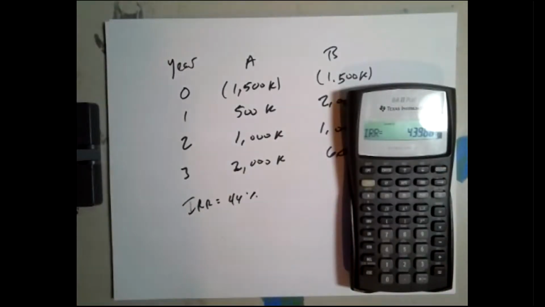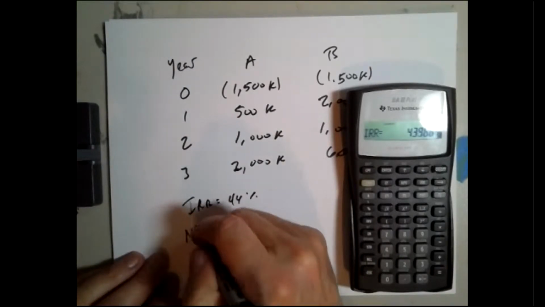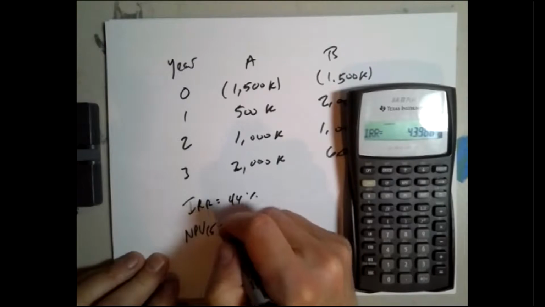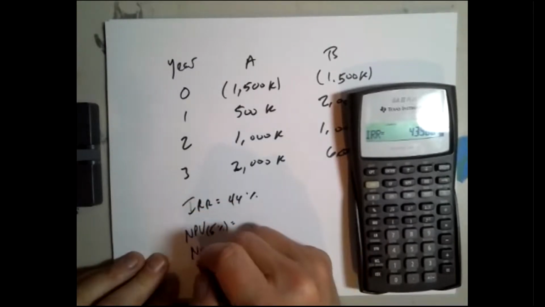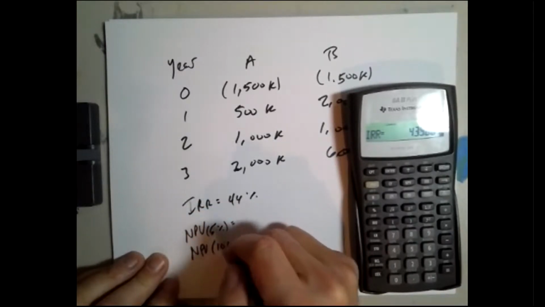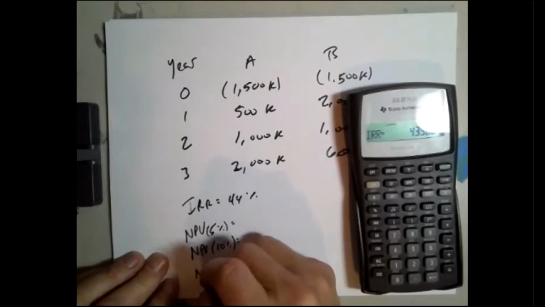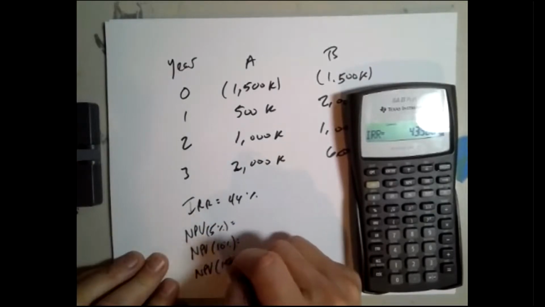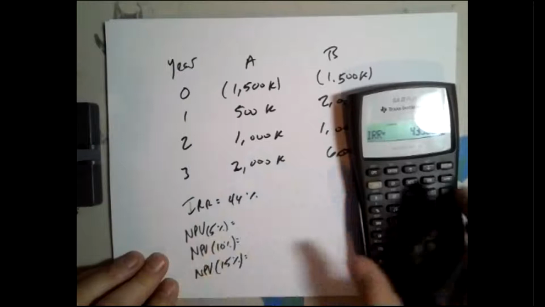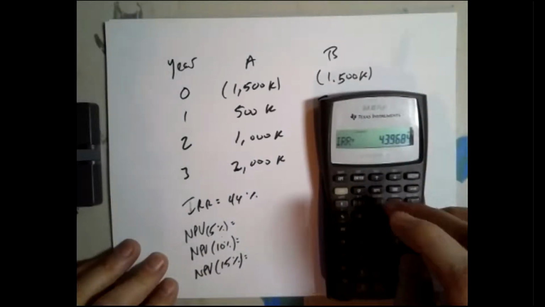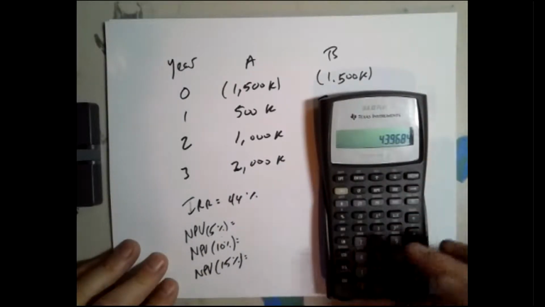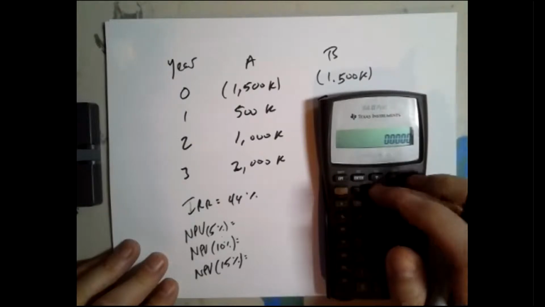Next, it asks for the NPV at 5, 10, and 15%. So let's just do each of those. To calculate the NPV, we can use our cash flow register again. We go to NPV.